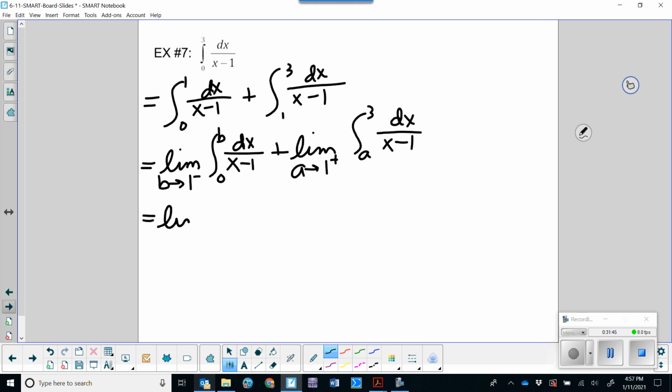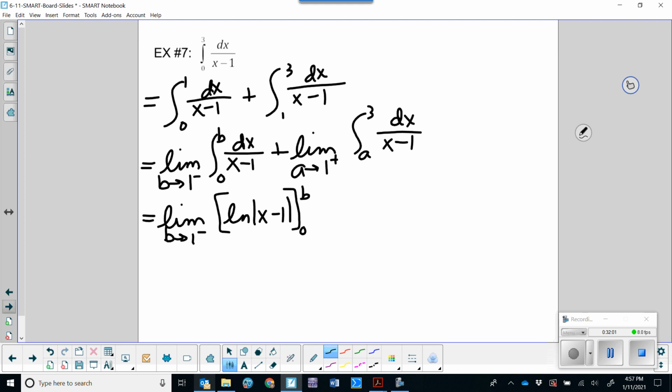So I'll just have these two limits to do, but luckily the antiderivatives are the same, so if it was difficult to do the antiderivative, I only have to do that once, but this one is easy. It's just going to be ln of absolute value of x minus 1.